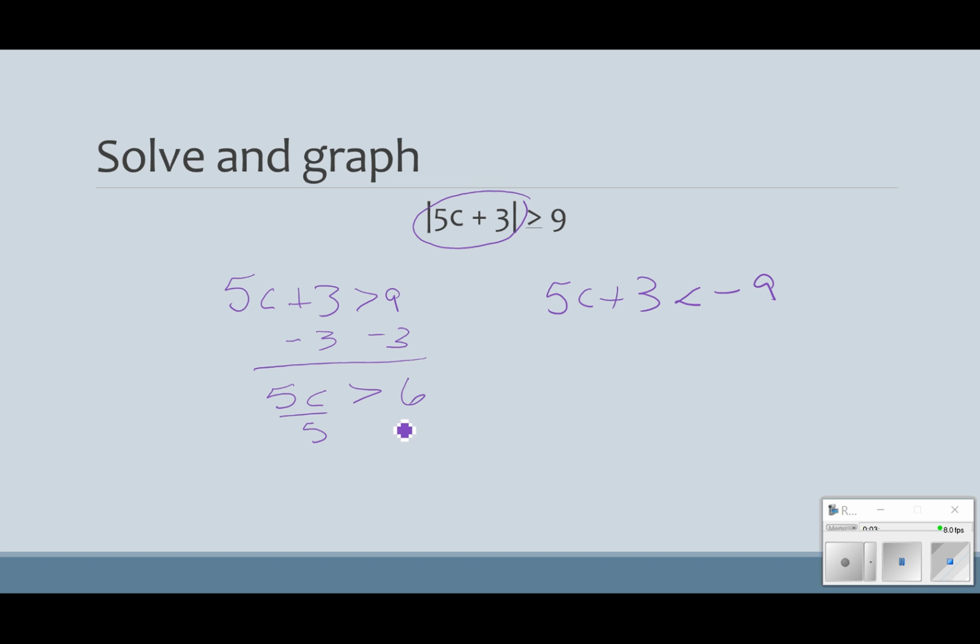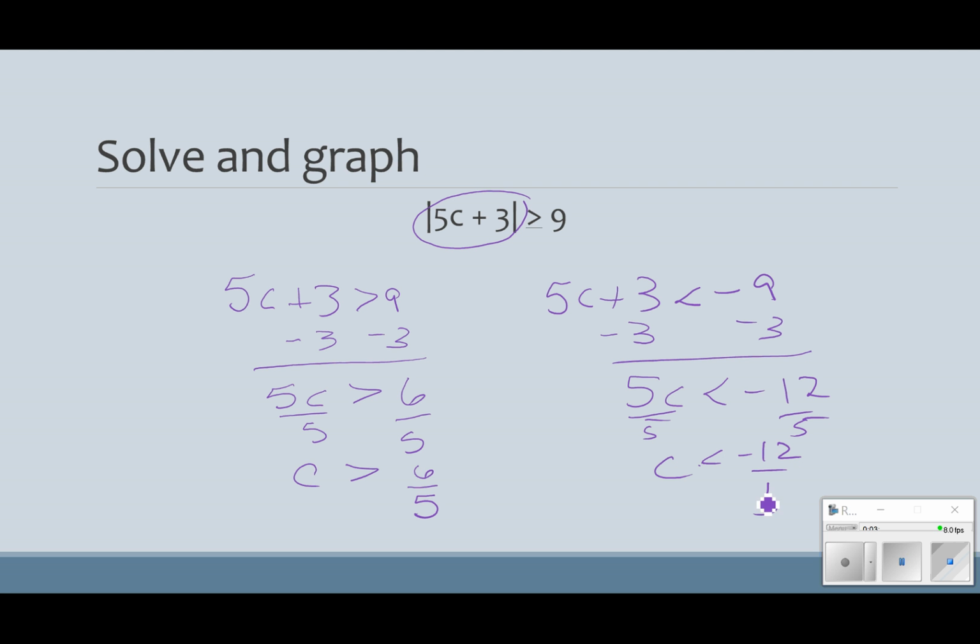If I divide by 5, c is greater than 6/5. Here, if I subtract 3, I'm going to get 5c is less than negative 12, and I divide by 5, c is less than negative 12/5.